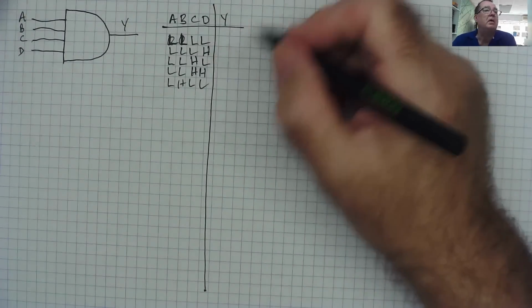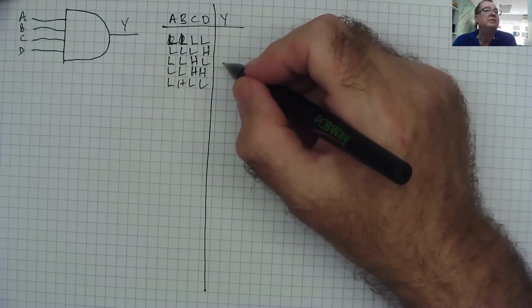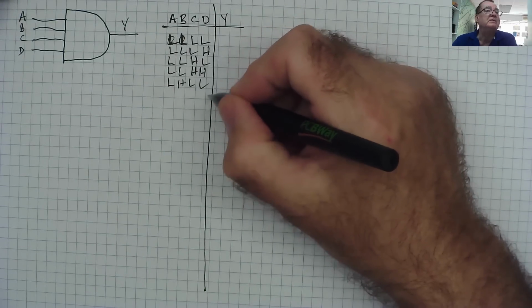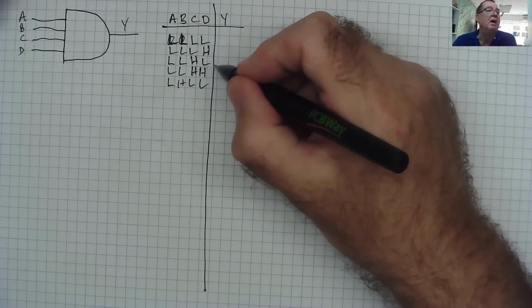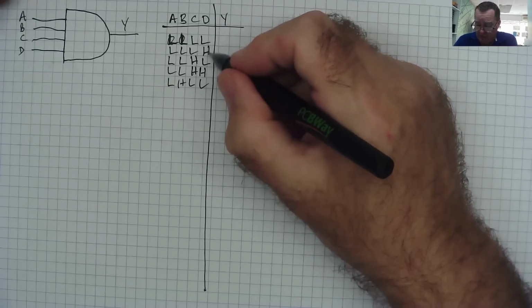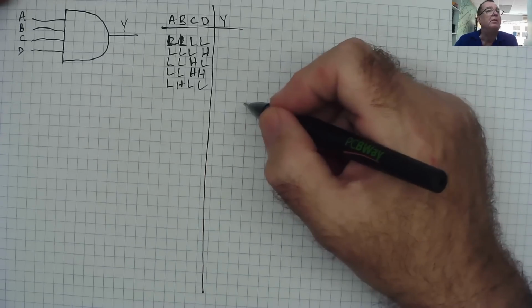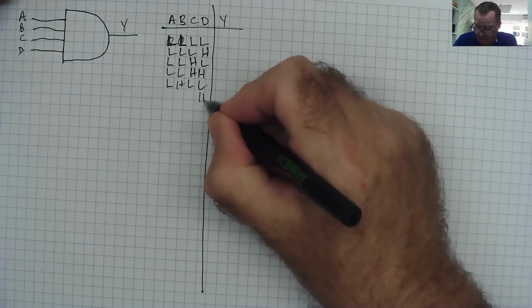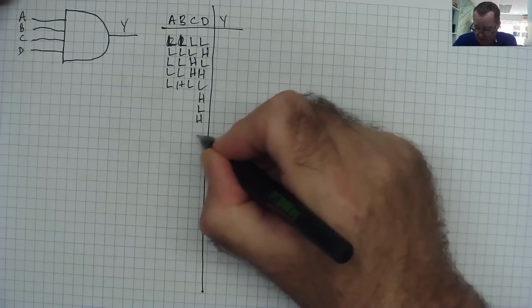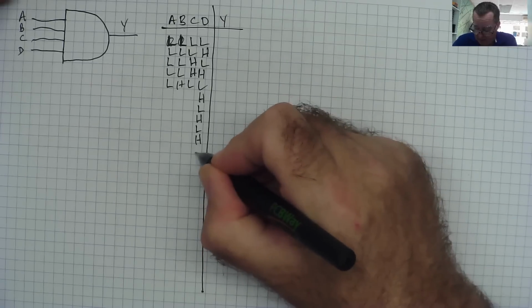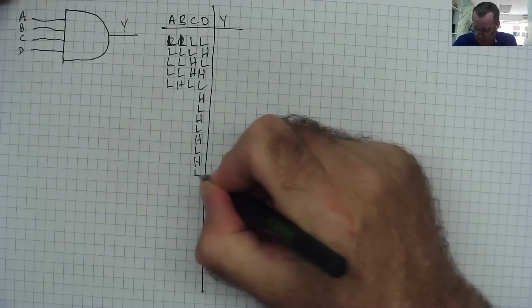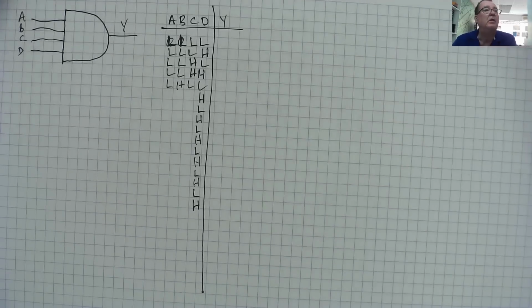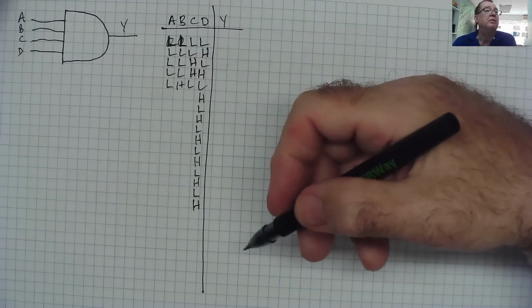And if you look, what's happening is that this column, the digits, alternate between low, high, and it'll keep on doing that. It'll do it for all 16 combinations. So we've got 5 here, and we can have 6, 7, 8, 9, 10, 11, 12, 13, 14, 15, 16 combinations, and it just alternates low, high.